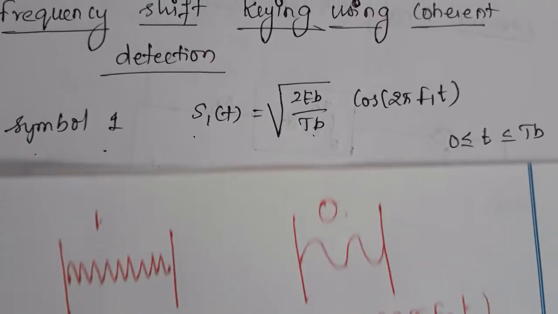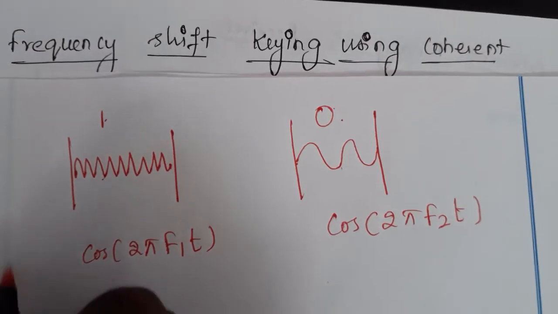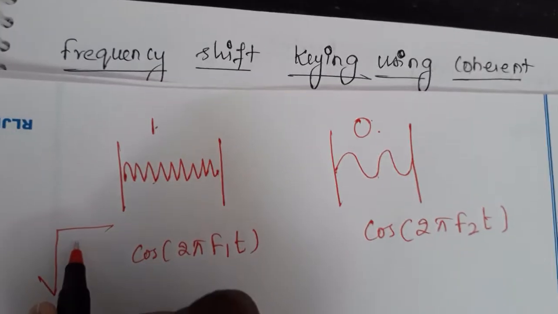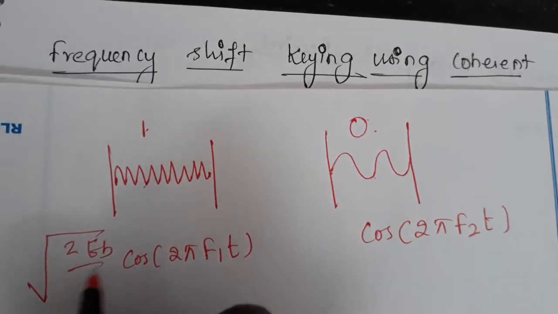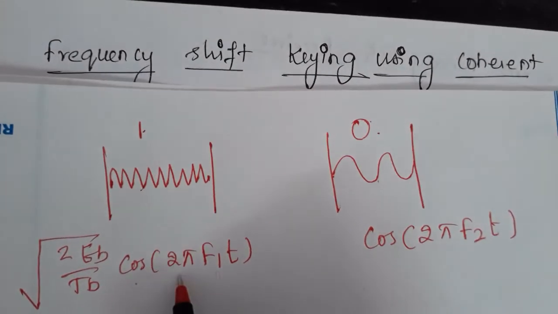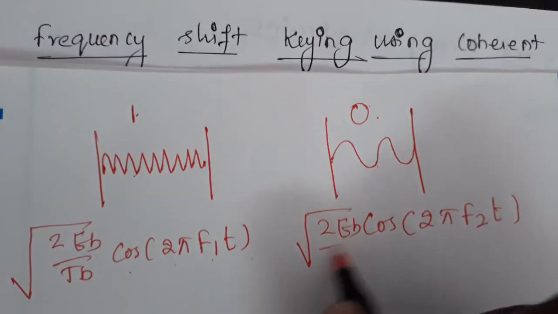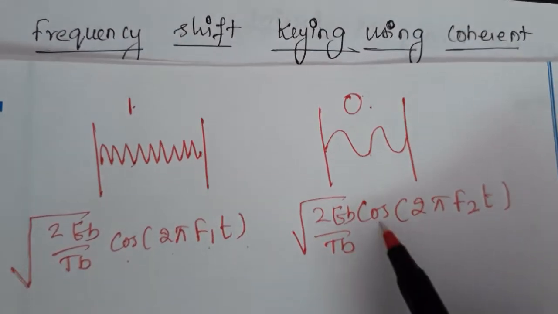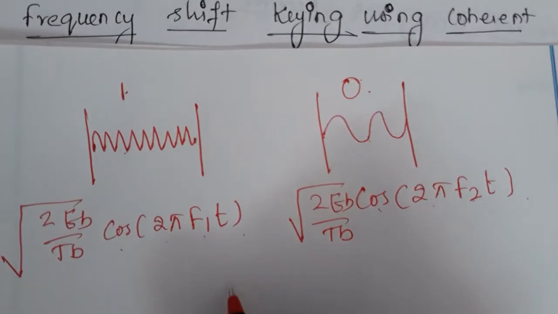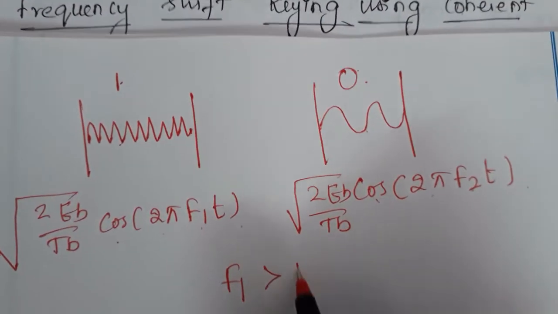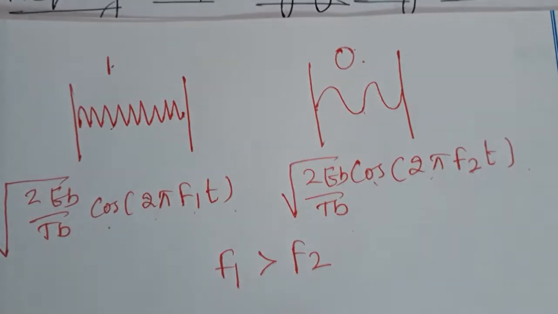The same thing I am going to write it here. Root 2 EB by TB cos 2 pi f1t. Root 2 EB by TB cos 2 pi f2t. Remember, f1 frequency should be greater than f2.